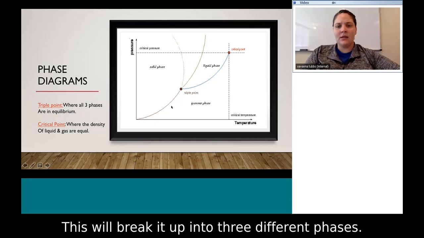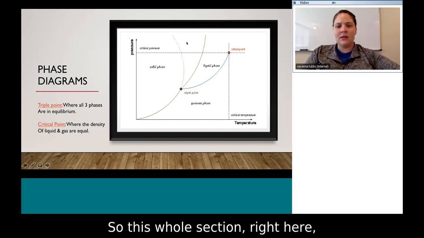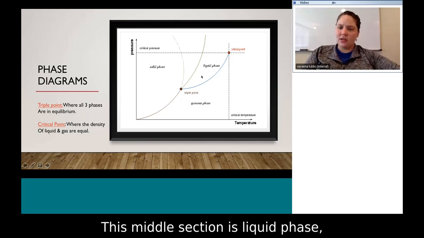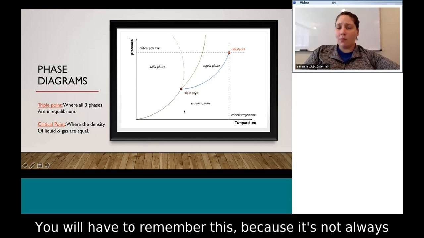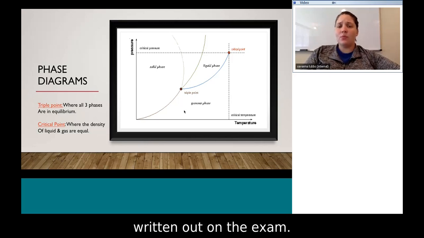This will break it up into three different phases. This whole section right here is going to be your solid phase. This middle section is the liquid phase, and this bottom section is the gas phase. You will have to remember this because it's not always written out on the exam.